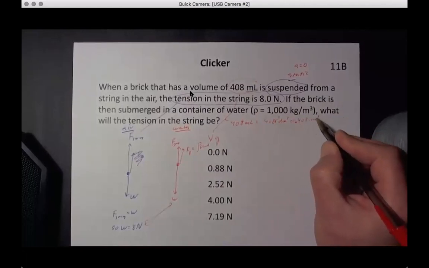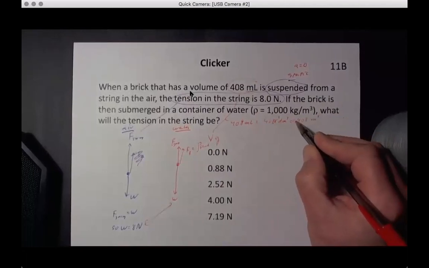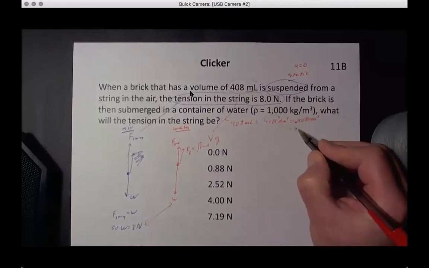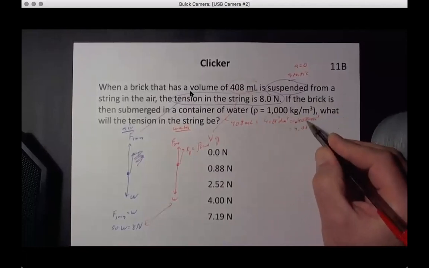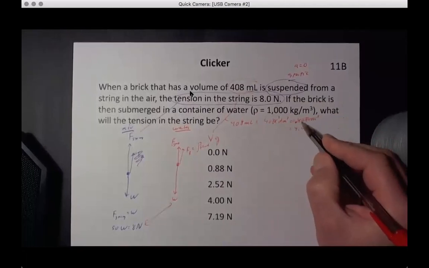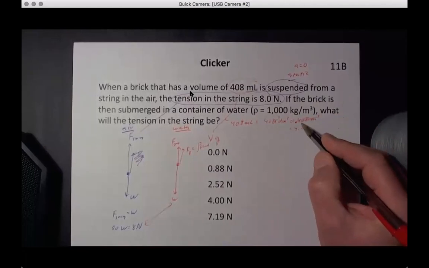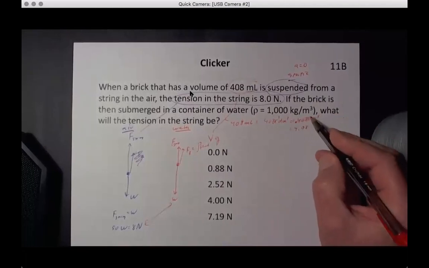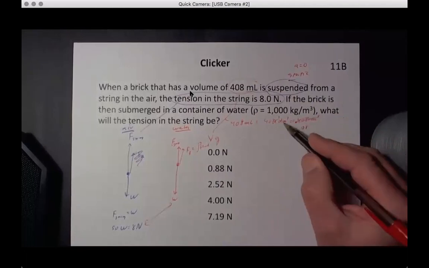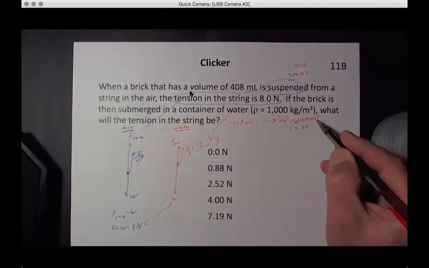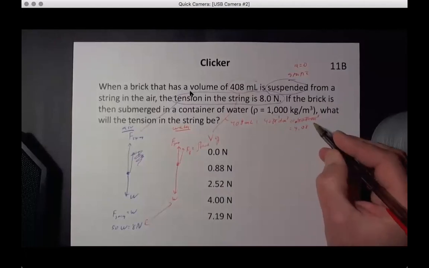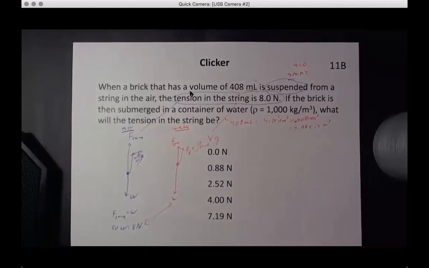So this is 4.08 E minus 4 meters cubed, and that's 0.408 E minus 3 meters cubed. Okay, because that's milliliters, not liters.